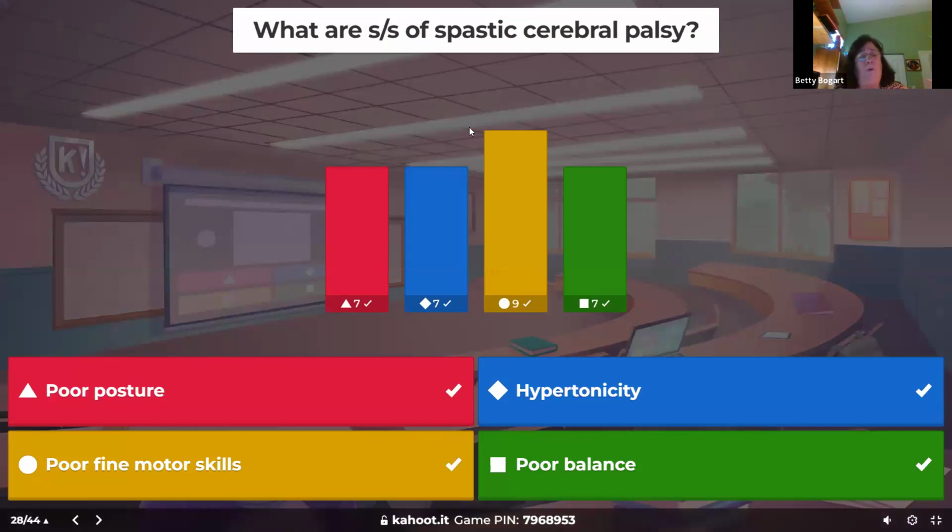Poor posture, poor fine motor skills, hypertonicity, poor balance. These are children who are in a wheelchair because they can't get up and move, so we need to make sure they're strapped in properly. They will go down. And fine motor, he can use his pad to talk to us, but it takes a long time because of that spasticity that he has.